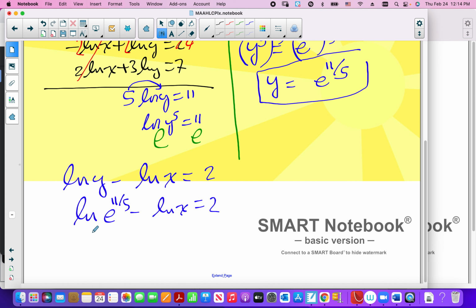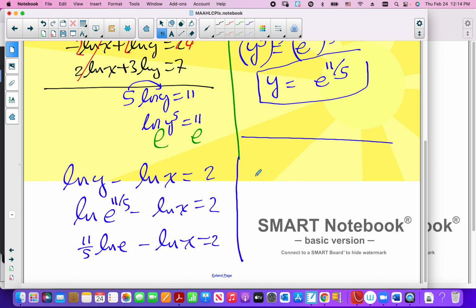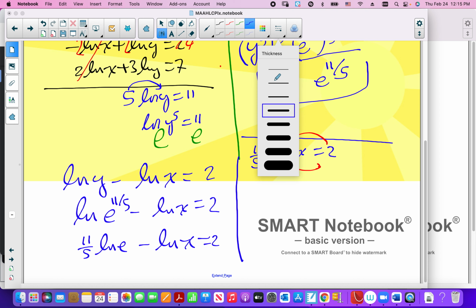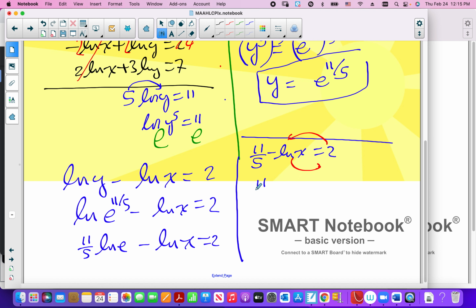Bring the power down using the power rule, that will be 11 over 5 ln e minus ln x is equal to 2, and we know that ln e is 1, so that will be 11 over 5 minus ln x is equal to 2. Move ln x to the right hand side and move 2 to this side, so we have 11 over 5 minus 2 over 1 is equal ln x.